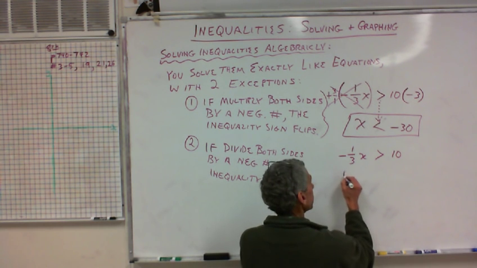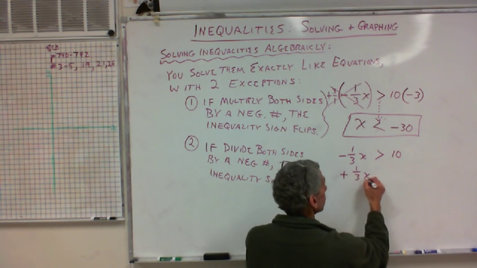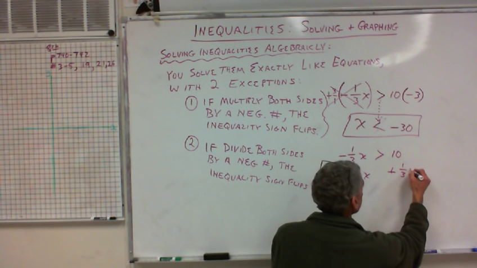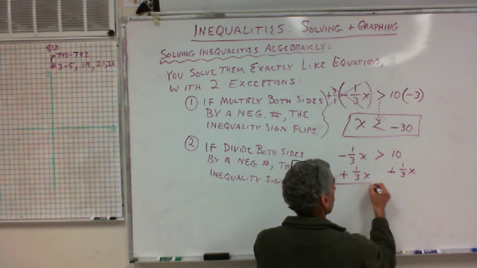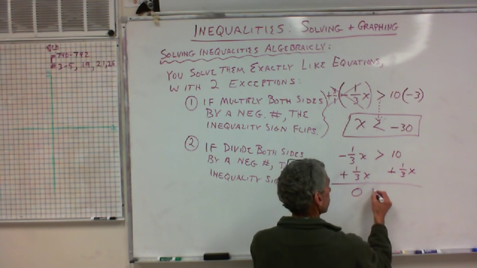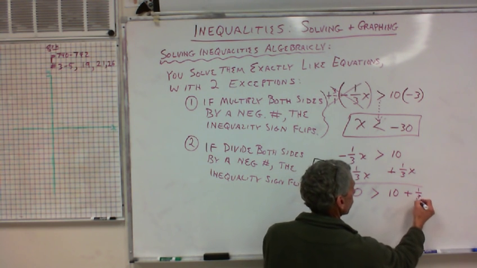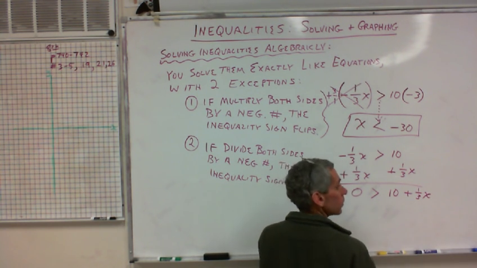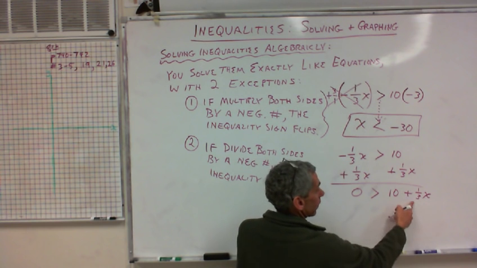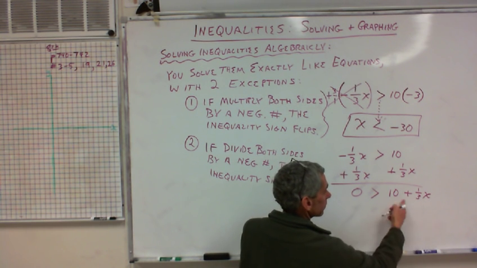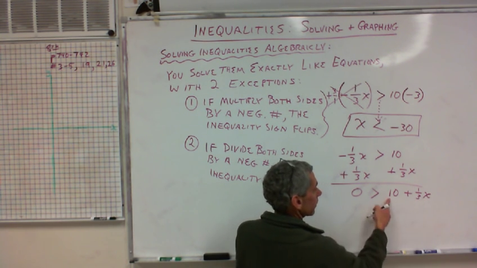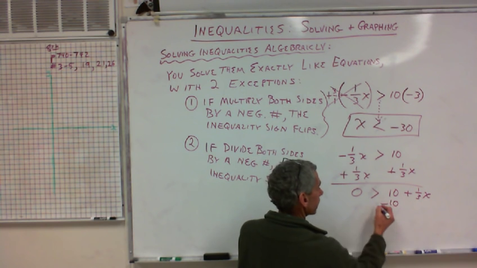So if I just add 1/3 x to both sides, look at this. Then I would have 0 on this side, which is greater than 10 plus 1/3 x, right? But I want to know what 1/3 x is. I want to isolate the x's, get rid of this 10. So now I'm going to subtract 10 from both sides.